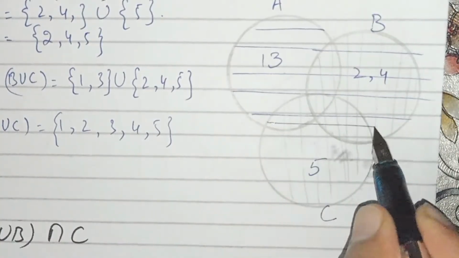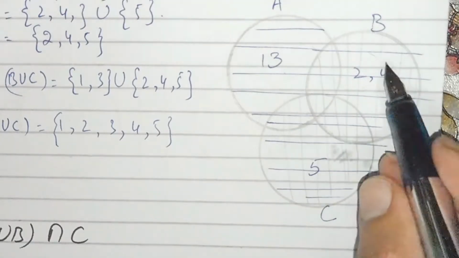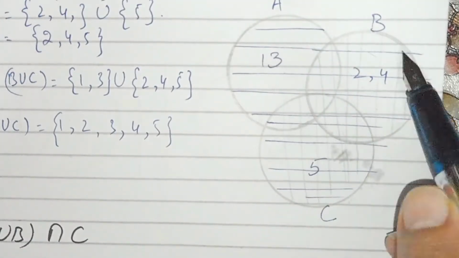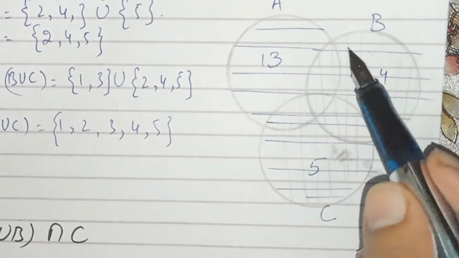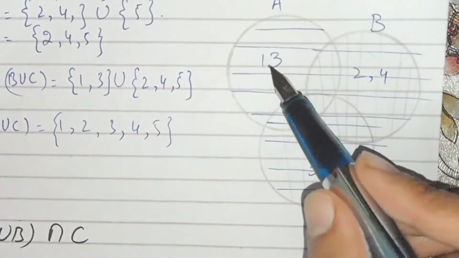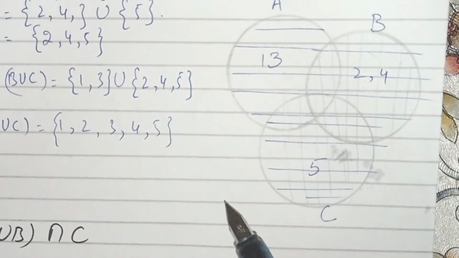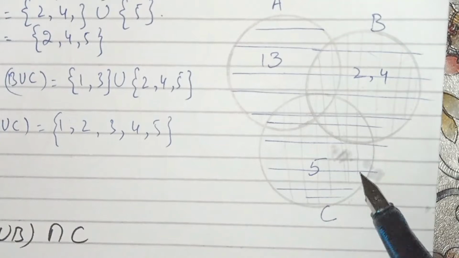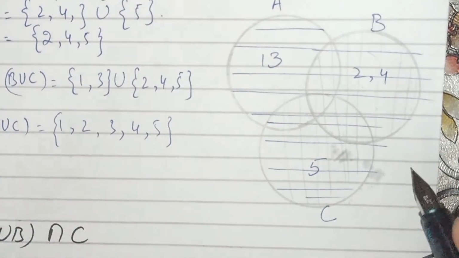A union B union C. And all the blue lines cover all the three sets, and that's why our answer is 1, 2, 3, 4, and 5. We have to write the union of this. And now, students, that is the representation on the Venn diagram.